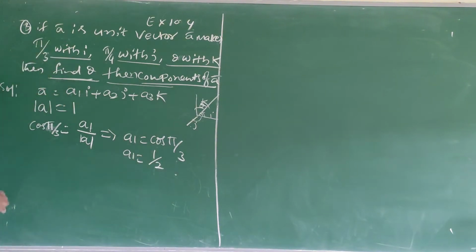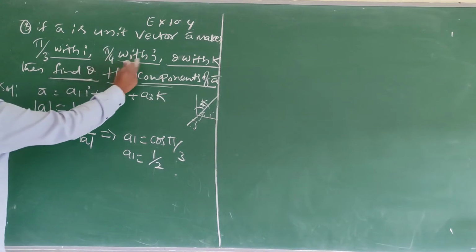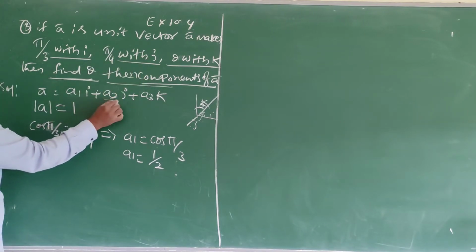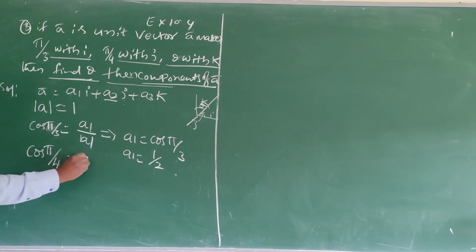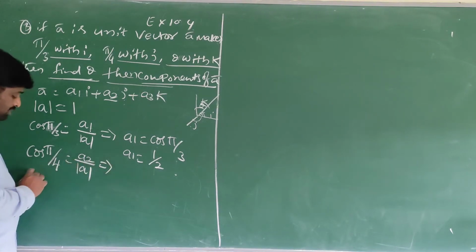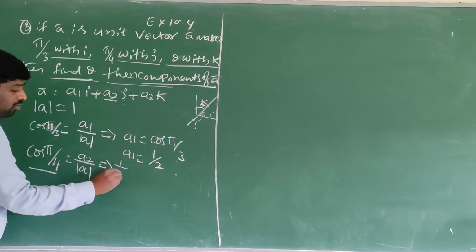Okay. And again come to another one, pi by 4 with J cap. So the J cap coefficient is A2. Similarly, cos pi by 4 equal to A2 divided by the magnitude of A bar. Cos pi by 4 is 1 by root 2.